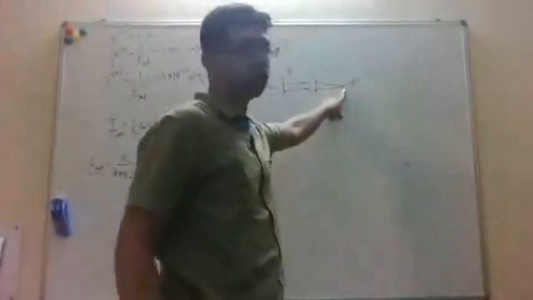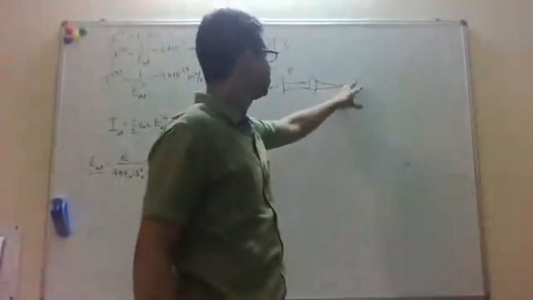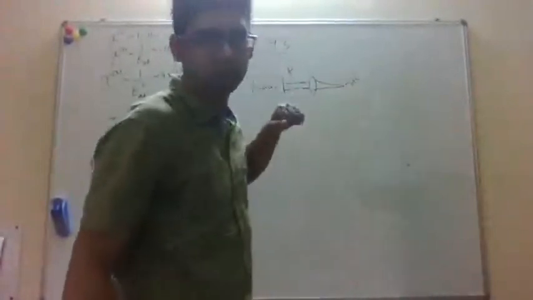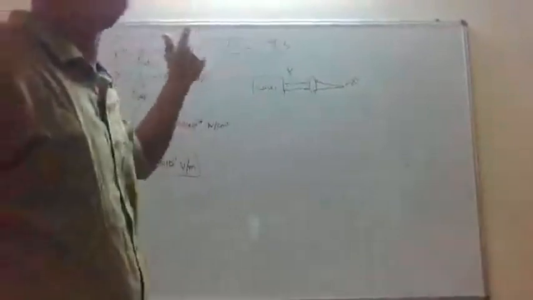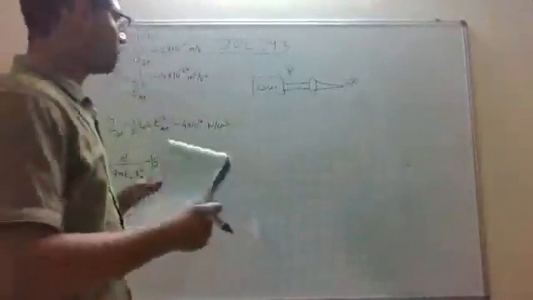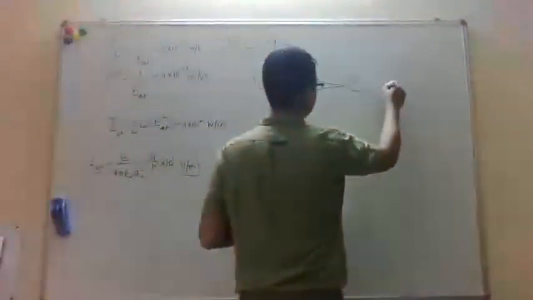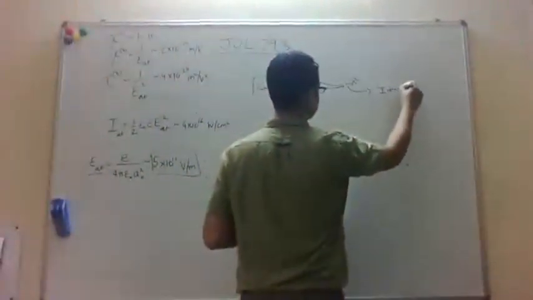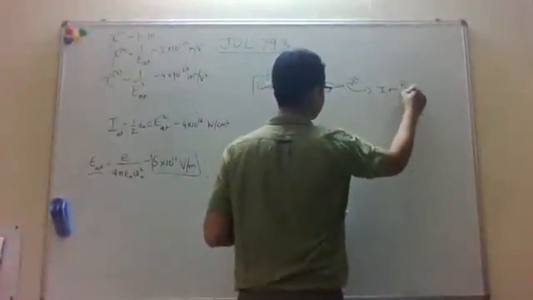The smallest spot size that you can focus the laser down to is about lambda square, that's the average diffraction limit. So the intensity at this spot would be the power divided by the area, which is lambda square.